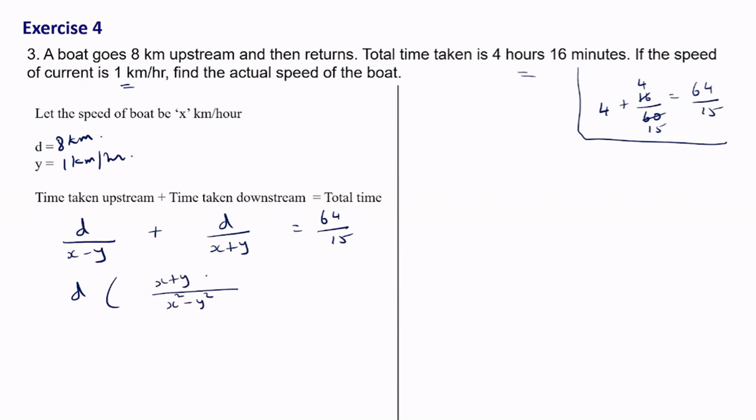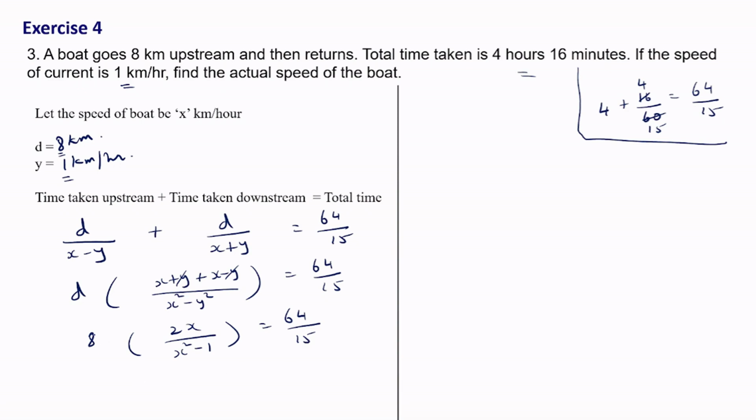So the numerator will have x plus y plus x minus y. This is equal to 64 by 15. D we know is given as 8. So 8 into 2x upon x square minus 1, since y is given as 1, equal to 64 by 15.